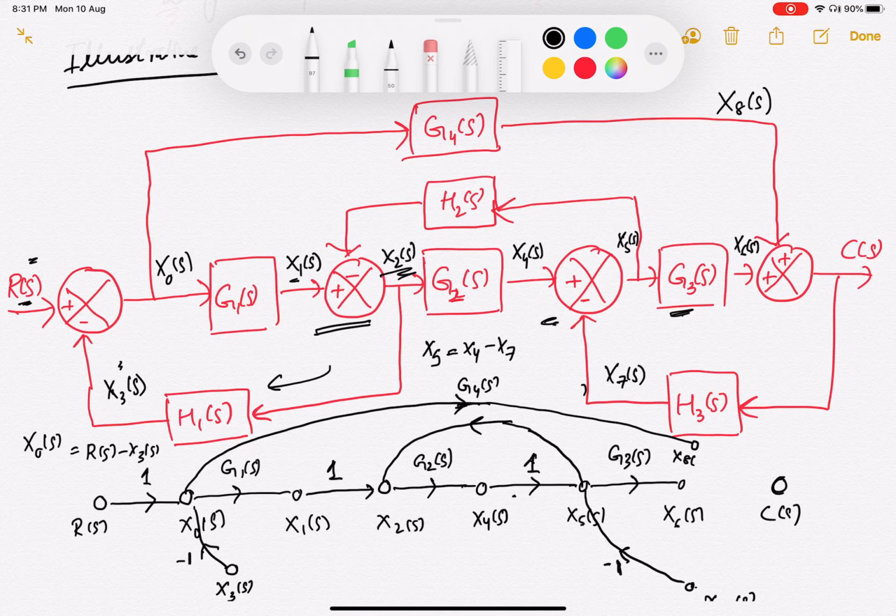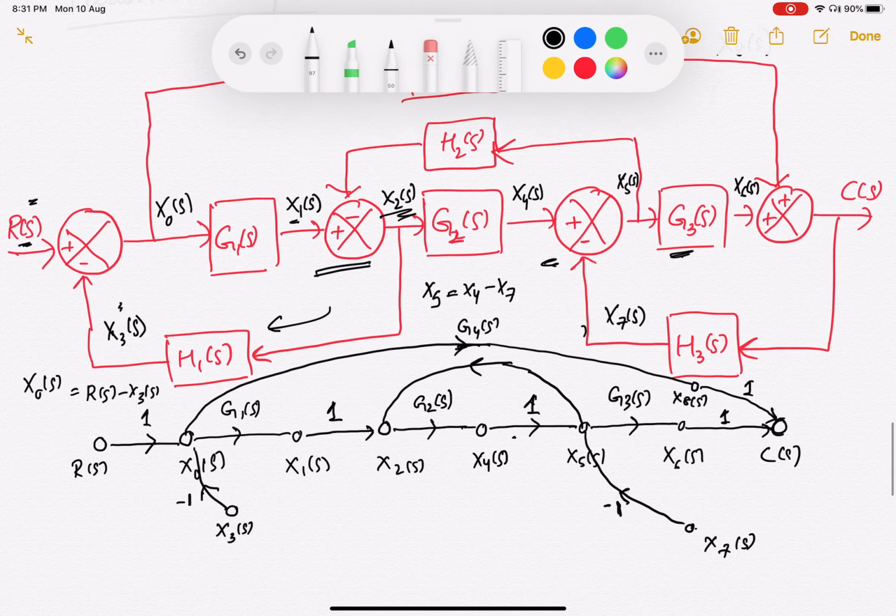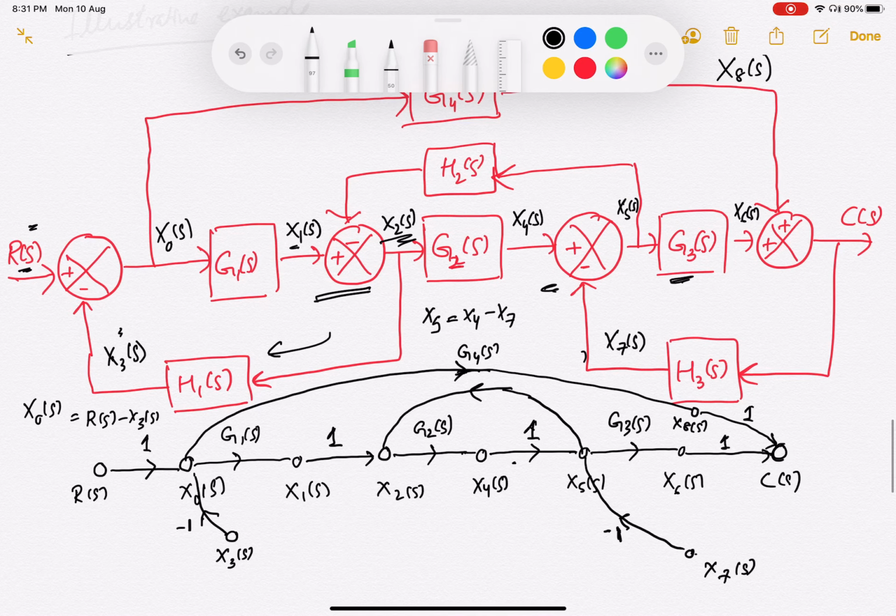So you can make your X8 somewhere here. This is your X8S, and then you multiply this X8 with 1, multiply this X6 with 1, and this gives you your CS. And then your CS, you're basically picking up, processing it by multiplying with the system H3S.